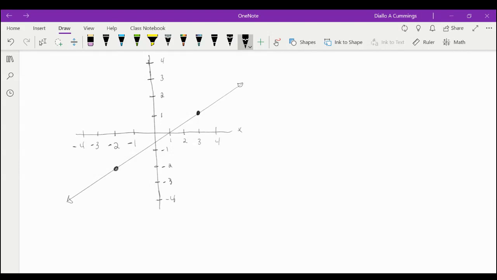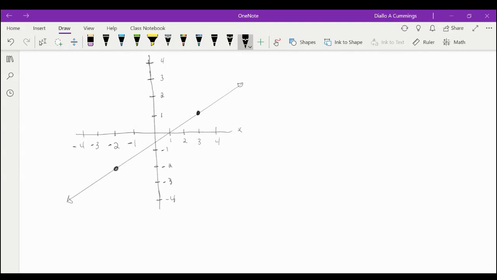To physically count the slope, I'm going to draw an imaginary right triangle. It doesn't really matter how you draw it. This would be my one leg, and then I would go up. I can have a triangle that way, or I could have a triangle this way, going up and to the right.